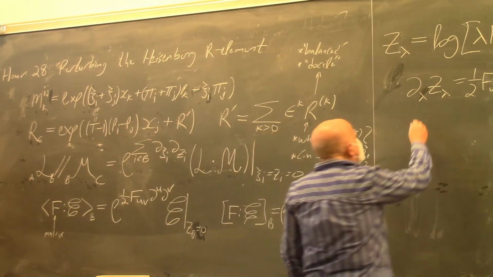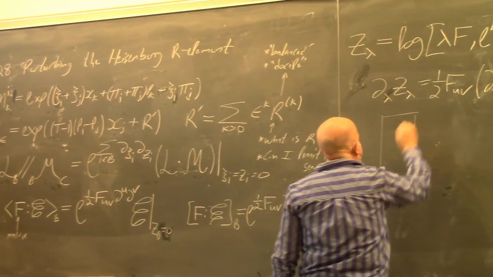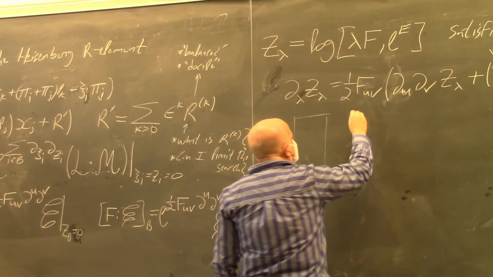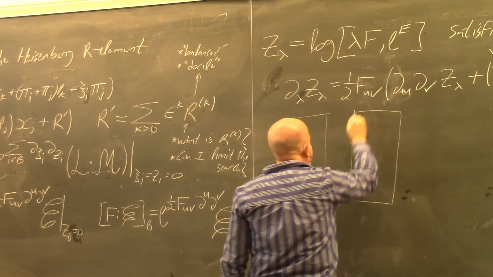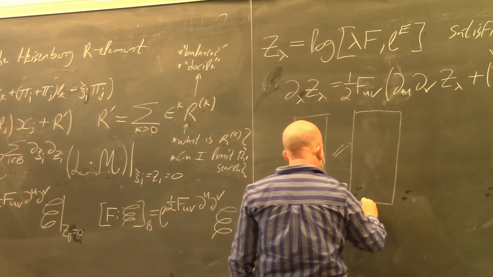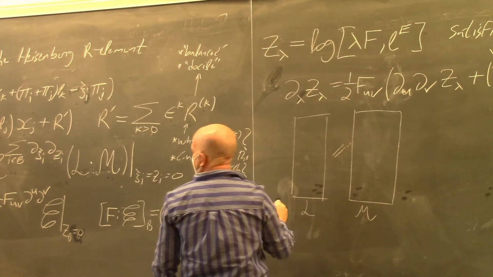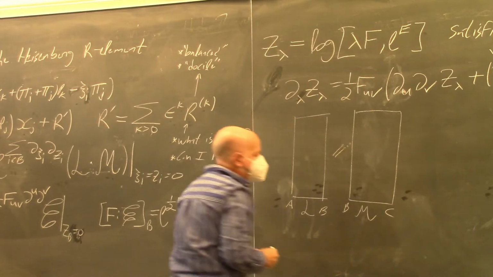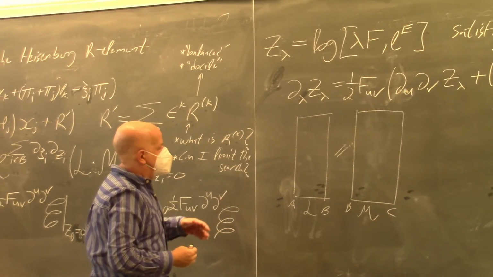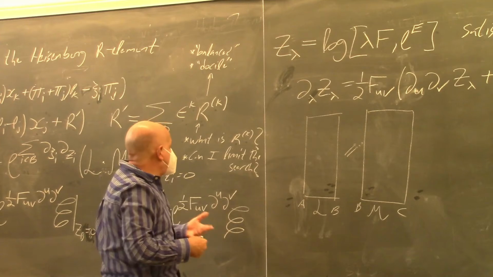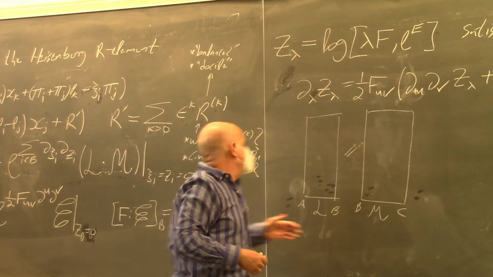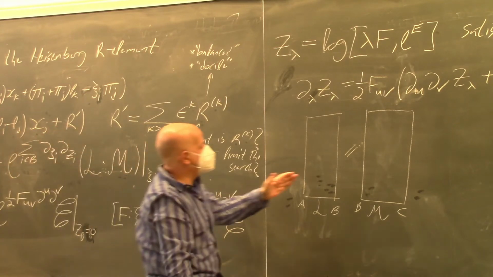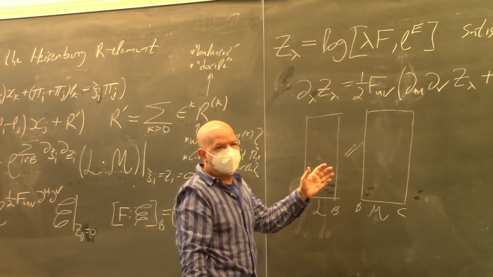So basically, we have L, and we have M, and we want to compose them. Because I'm going to need to compose such things, I want to think of both of them as perturbed Gaussians.